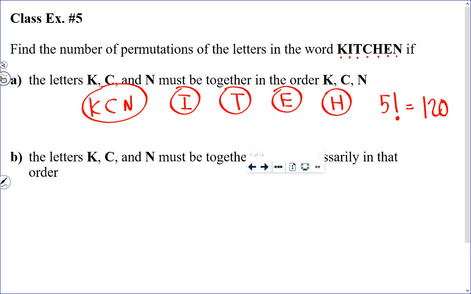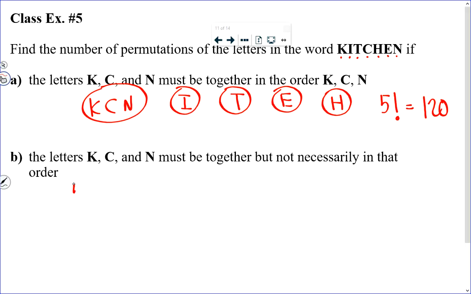Now, why are we not considering in part A arranging K and C and N? Because in part A it says they have to be in that order. Now in part B, how many arrangements are there if the K, C, and N must be together, but they can be in any order?